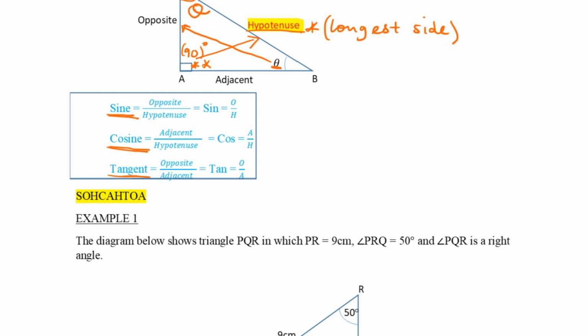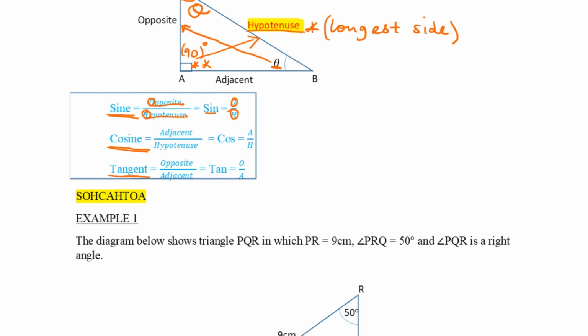So the sine ratio is given in terms of the opposite over the hypotenuse. So the opposite of the angle in question over the hypotenuse, the longest side. In short form, we can write sine is equal to O, coming from the opposite, over H, coming from the hypotenuse.